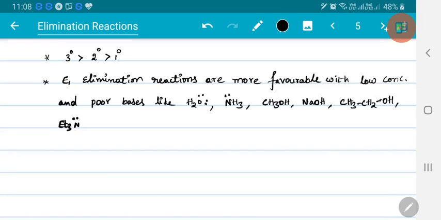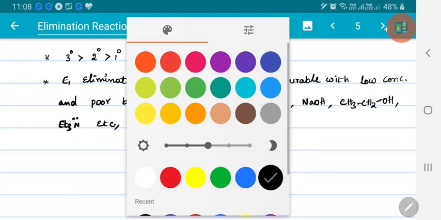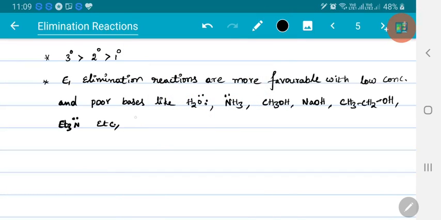It is a very poor base, etc. So generally here neutral bases are more preferable. Instead of OH minus ions, we have to take neutral bases. Neutral bases are more favorable. Right.